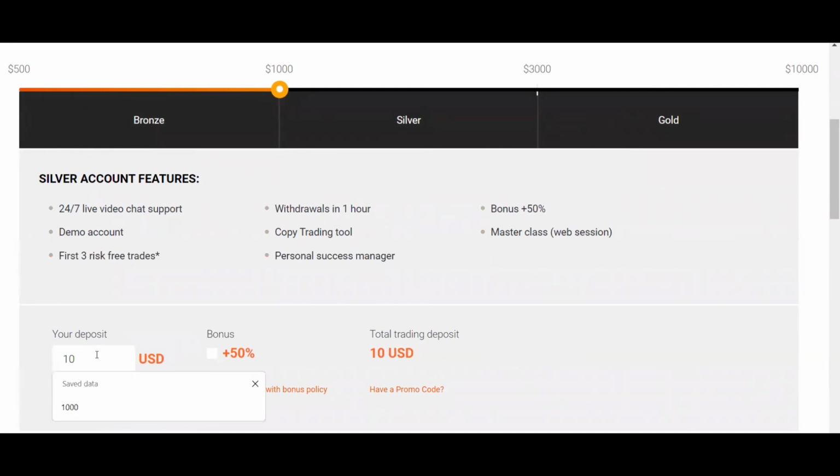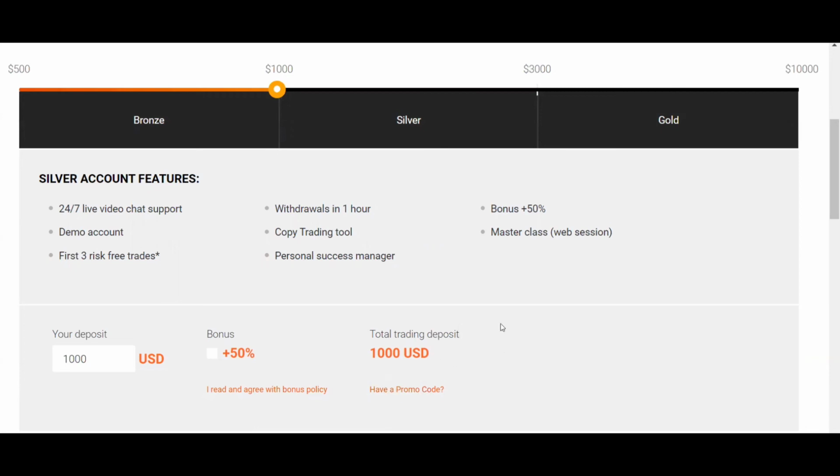So you get $1,000, and you take the bonus. That's 1,500. Now, mind you, you do have to turn over your account 3 times this amount if you take the bonus. If you don't take the bonus, you just have $1,000 in your trading account, and you can withdraw as much as you want when you want.